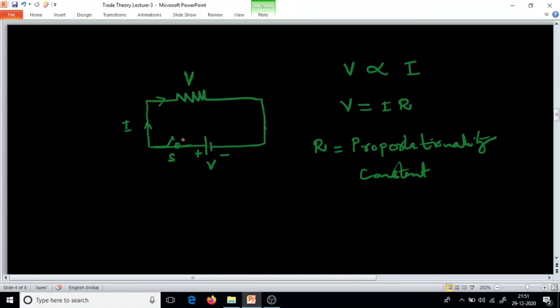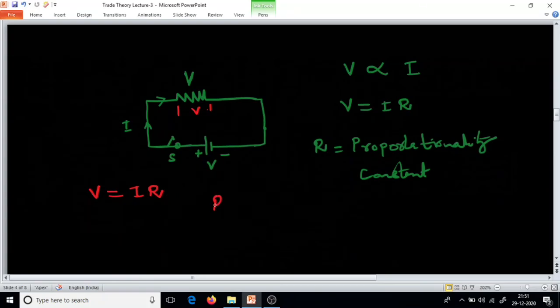When the current I flows through this resistor, there happens a voltage drop. This voltage drop is directly proportional to the current flowing through the conductor or resistor. That is what Ohm's law says. Now V equals I into R, that is voltage equals current multiplied by resistance.